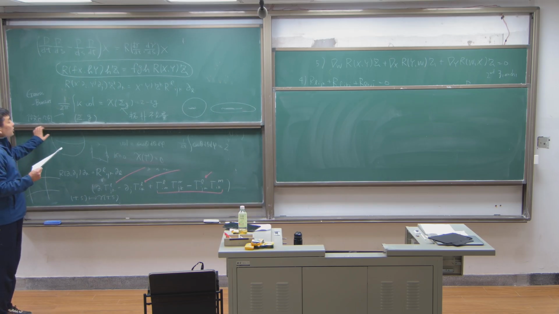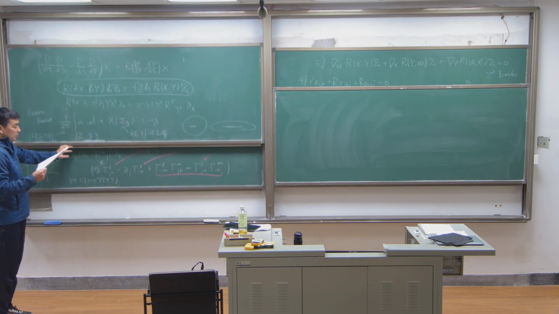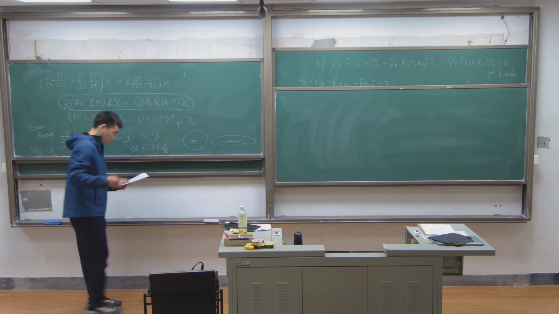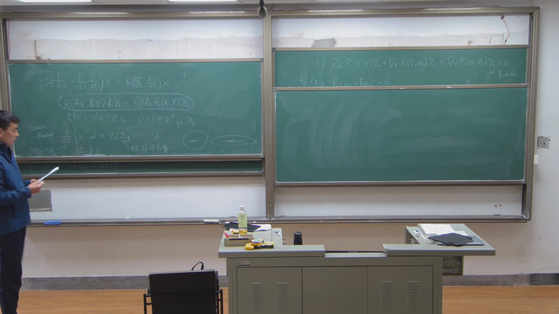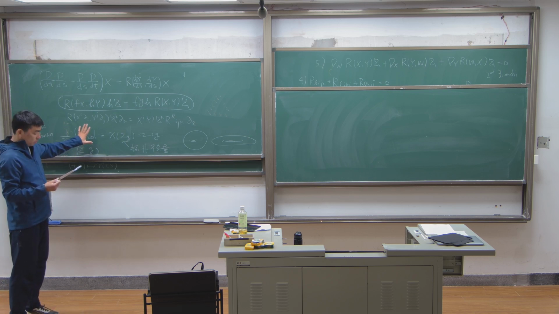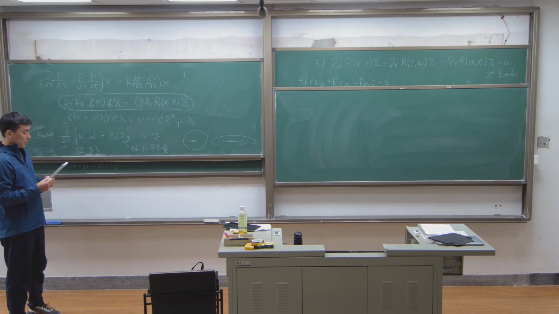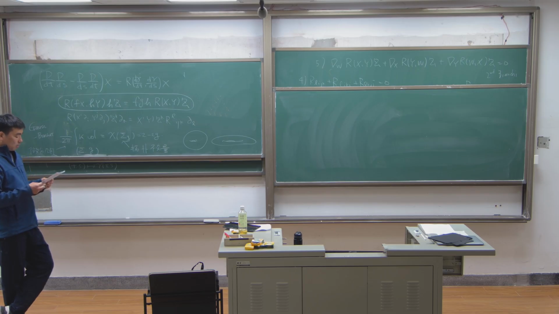So the higher-dimensional generalization of this one was considered by Chang Shengchang, I think one of the most famous mathematicians in China. Chang Shengchang tried to generalize this Gauss-Bonnet theorem to higher dimension 2n to get this Chern class or Euler class and so on.